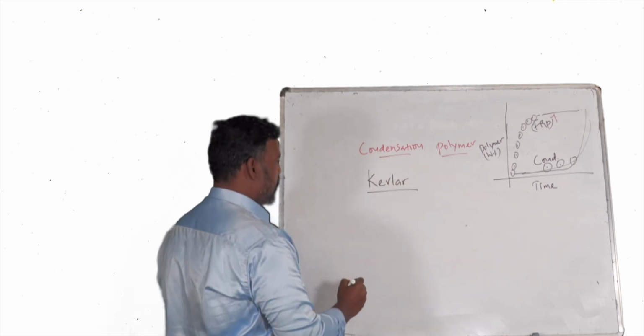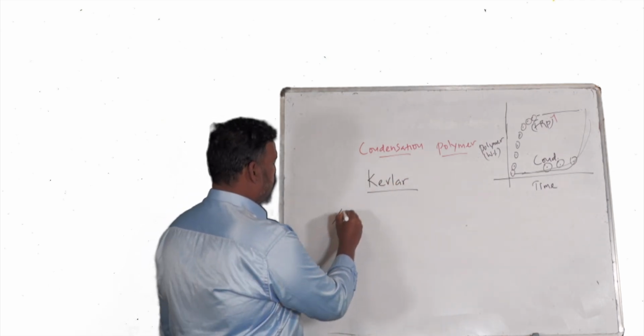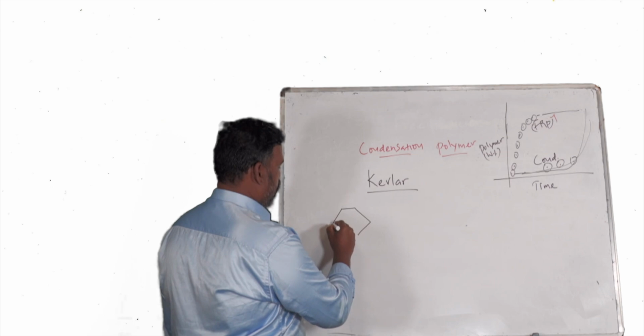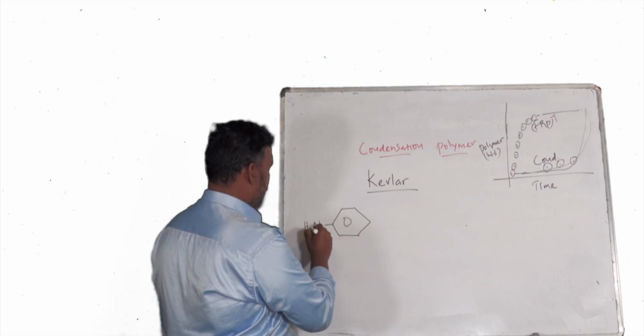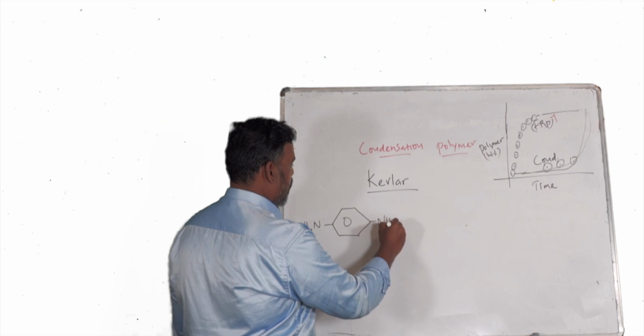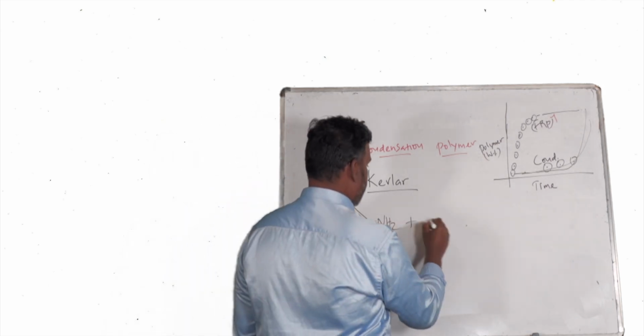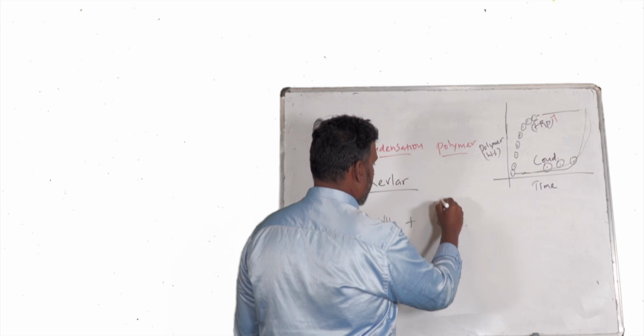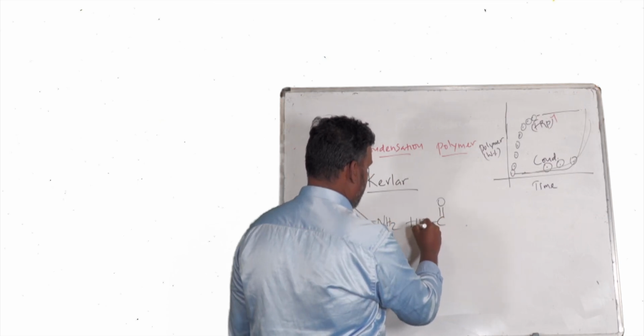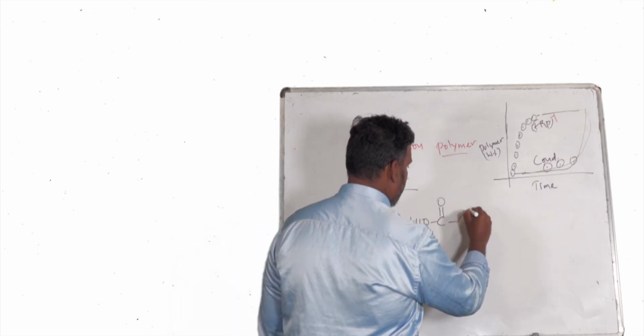For Kevlar polymerization, you have two monomers. A monomer called diaminobenzene reacts with terephthalic acid, and you end up with the Kevlar polymer.